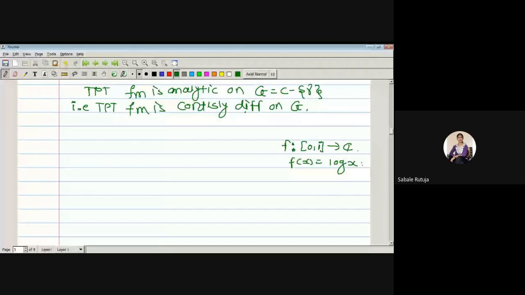Log 0 is infinity, if suppose this one is open. Is every differentiable function continuous? Obviously. Is every differentiable function continuously differentiable?